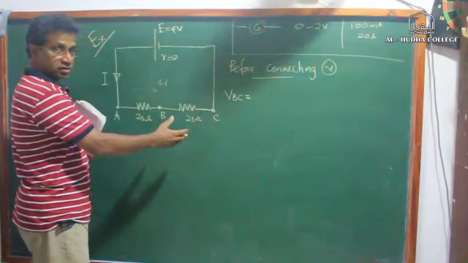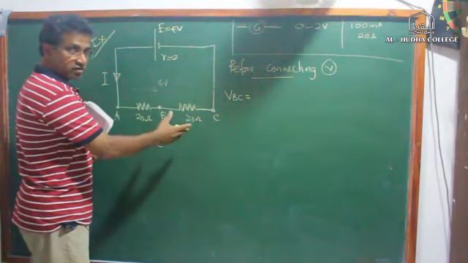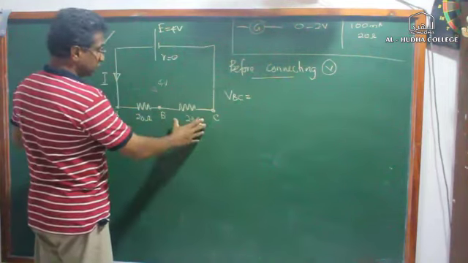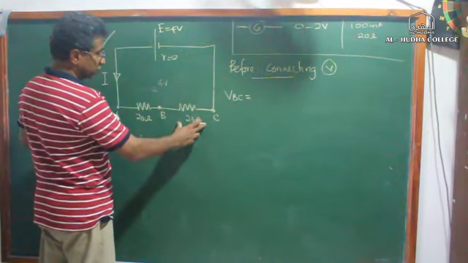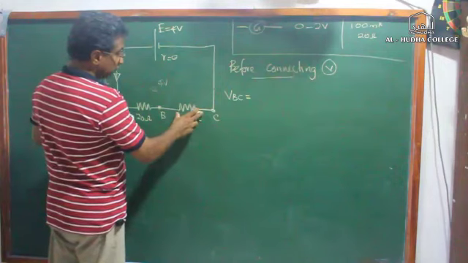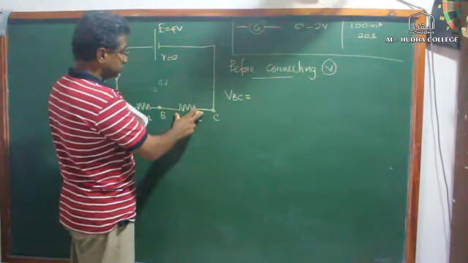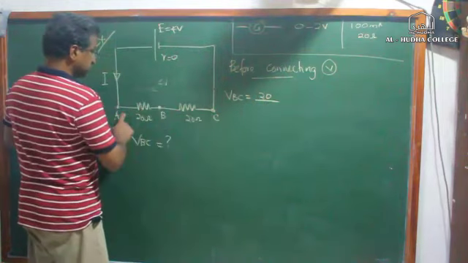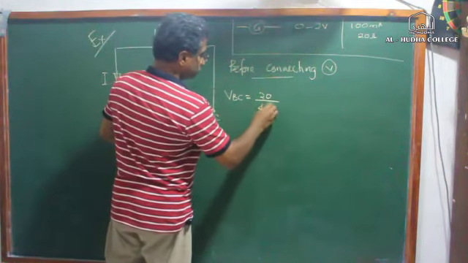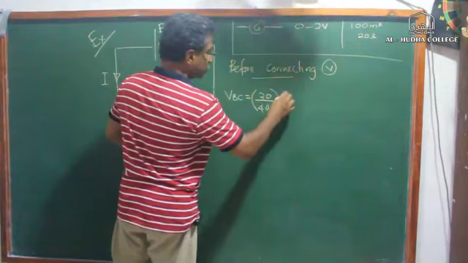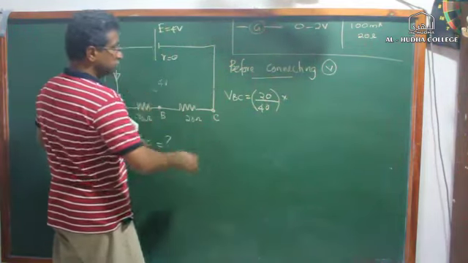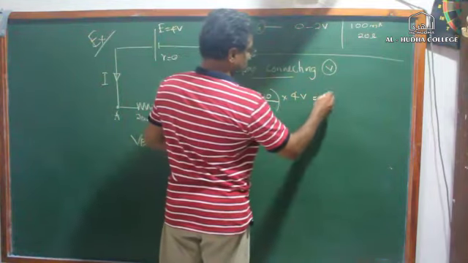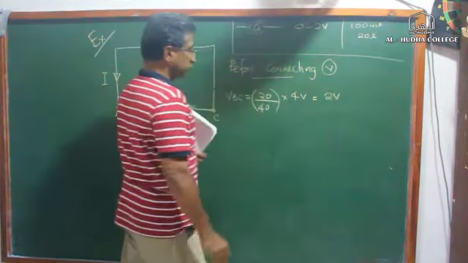In the potential divider method, we take the resistance across which we measure the voltage first. So the resistance between VBC comes first, it is 20 ohm, divided by the total resistance, that is 40 ohm, into the total voltage 4 volts. Now what is VBC? This is 2 volts. This is method 1.